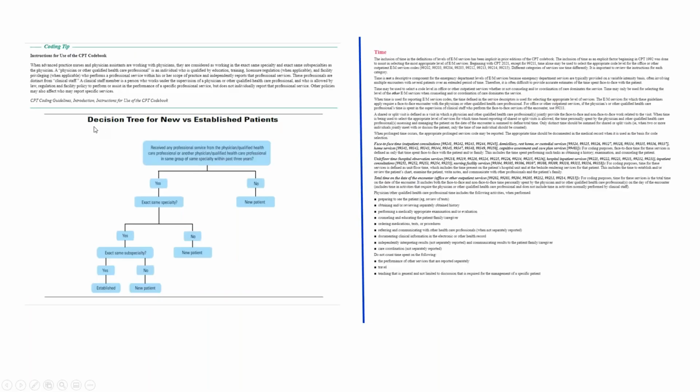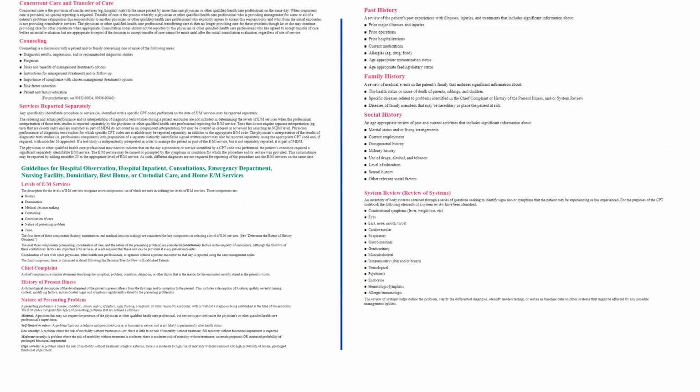Also, the decision tree for new versus established patients. Guidelines for time. If you see it in the blue bold with this yellow glow around it, that means it's pertinent to office visits, our discussion today.